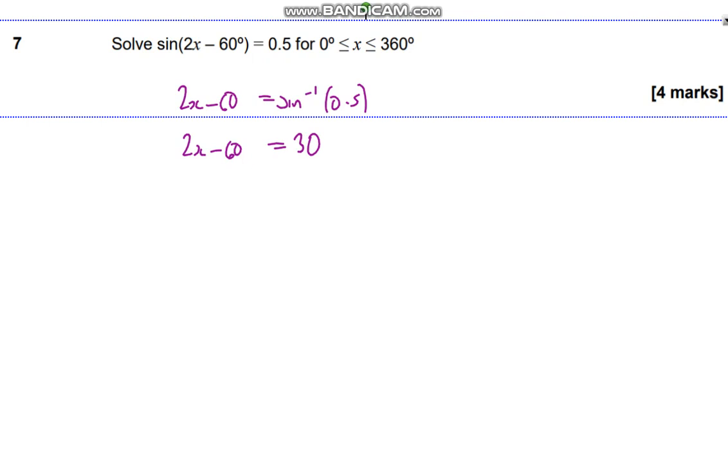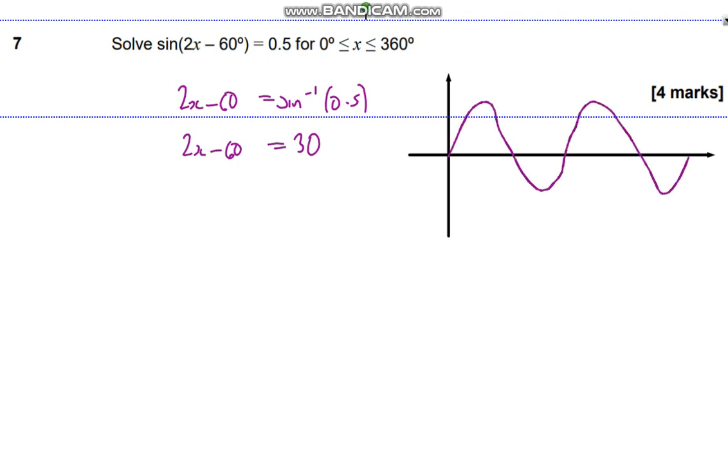So what we're going to do is draw out the graph again. I'm going to do it twice, and 0.5 is obviously going across here. And I'm noticing that I've got these 4 possibilities. Now I've basically doubled it because I've got 2x. And we'll see how that's a good rule of thumb in a minute.